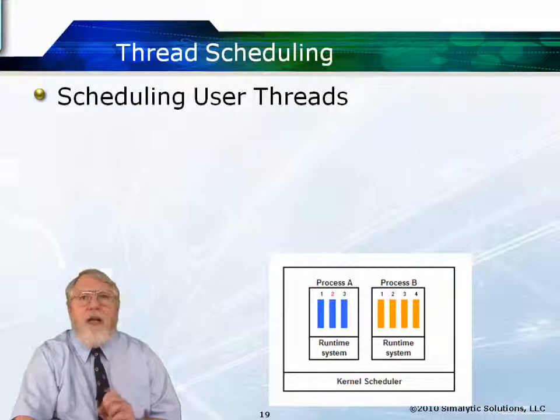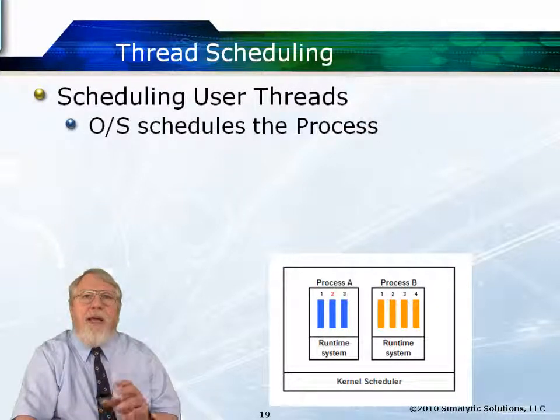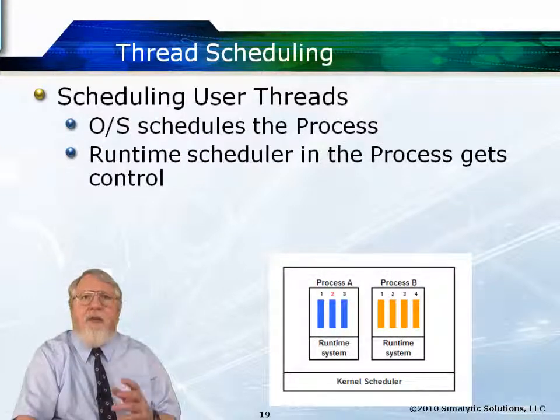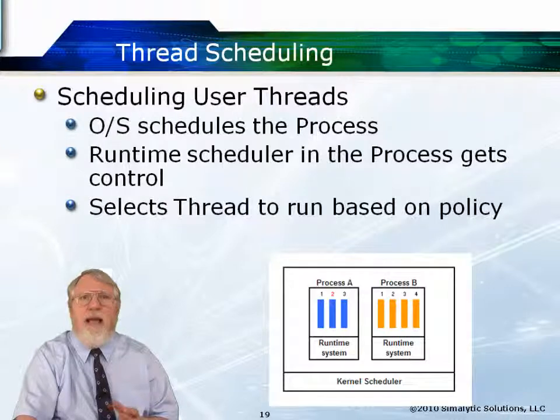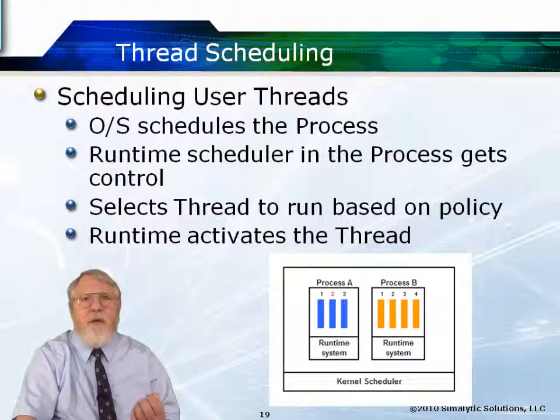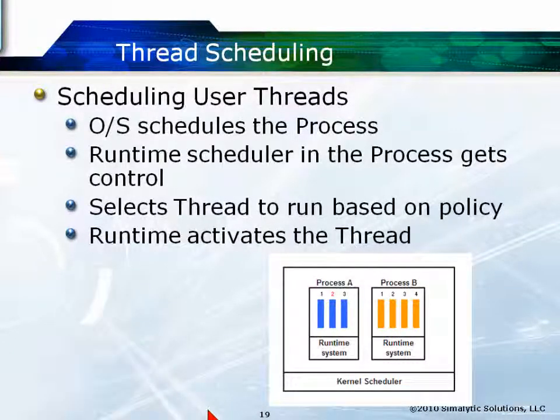So, scheduling a user thread means the OS schedules the process, and then the runtime scheduler in that process gets control, and it selects the thread to run based on the policy of that runtime module. Then the runtime activates the thread.